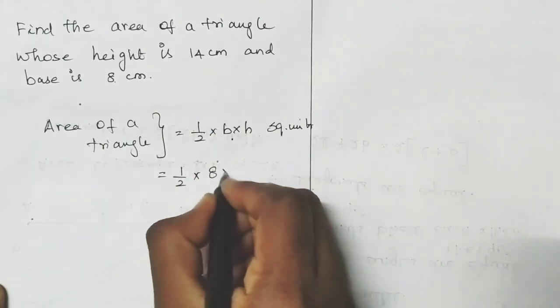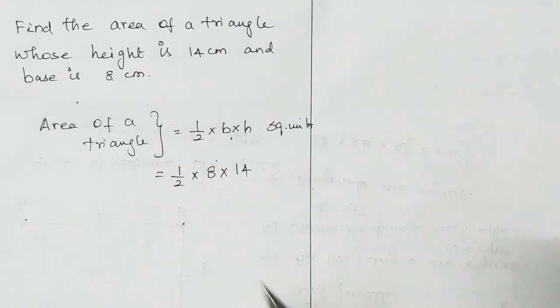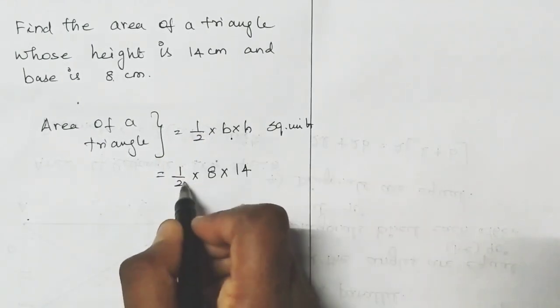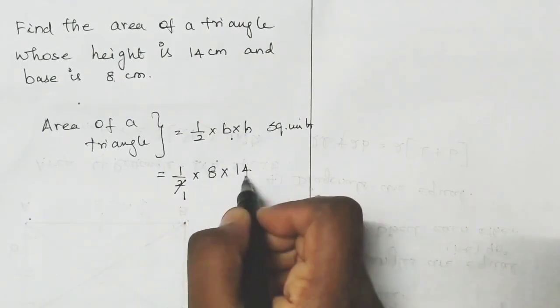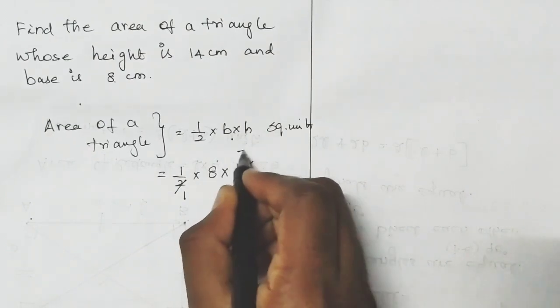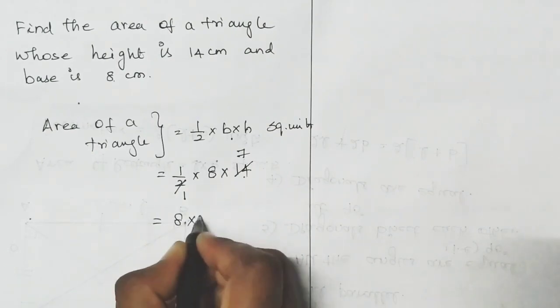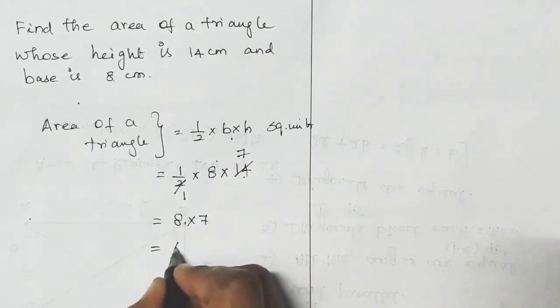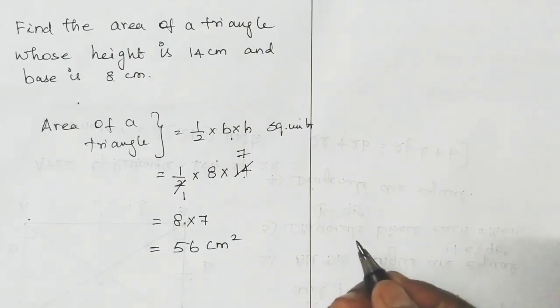So 8 into height. Height is 14. Now we can cancel. 2 ones are 2. Either we cancel 8 or 14. So here I am taking 14. 2 sevens are 14. Now it is 8 into 7. 8 sevens are 56 centimeter squared.